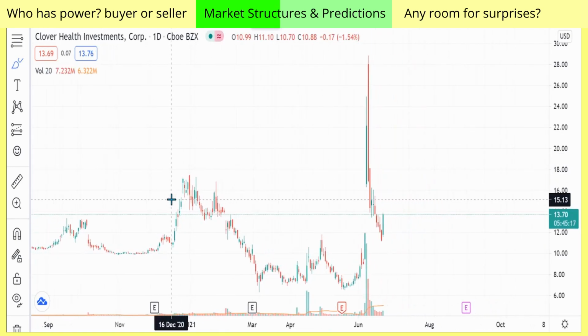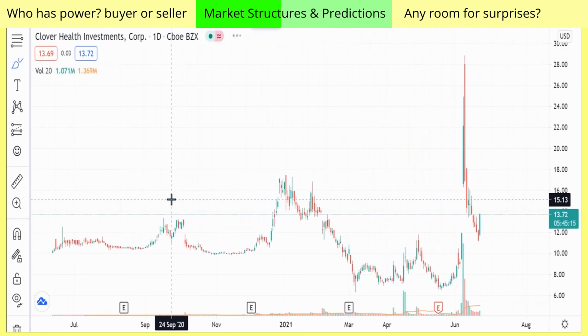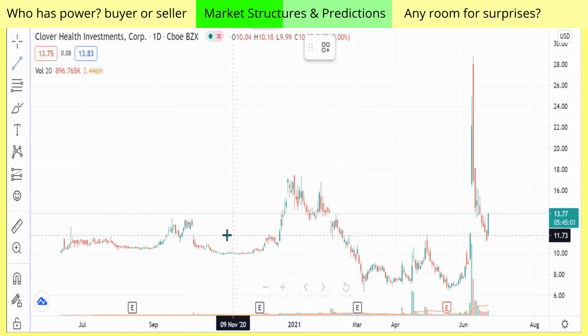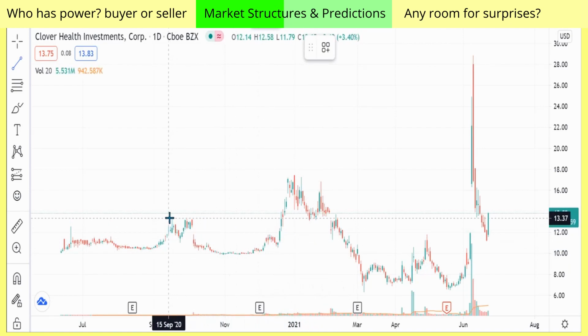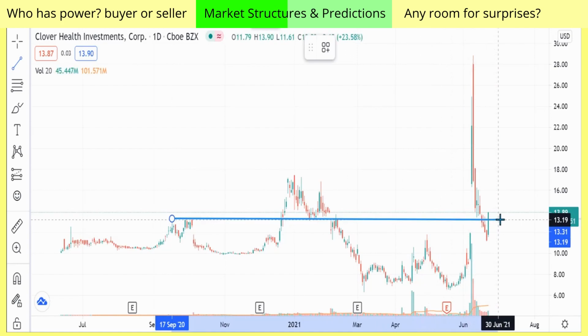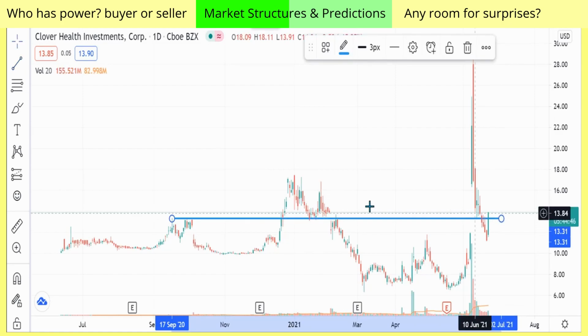I just want to have the full view here. What are the market structures we have here? One is we can connect the high points here. This is a good support resistance line because it passes through this area.